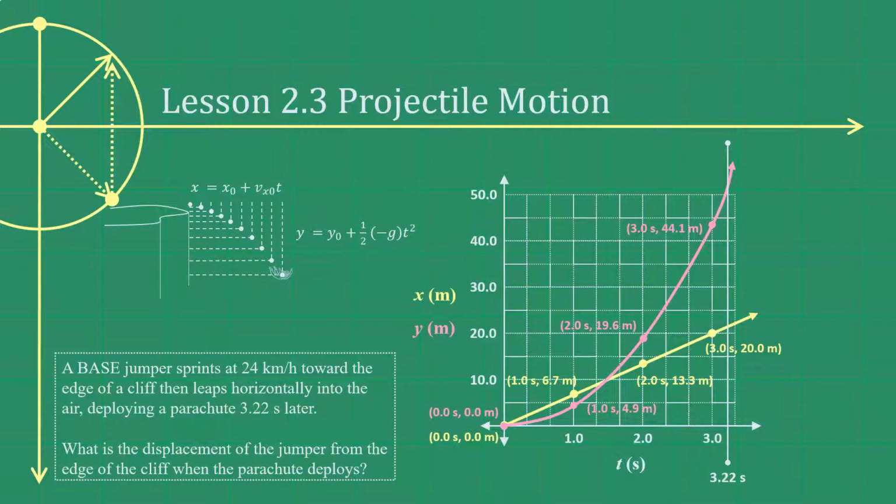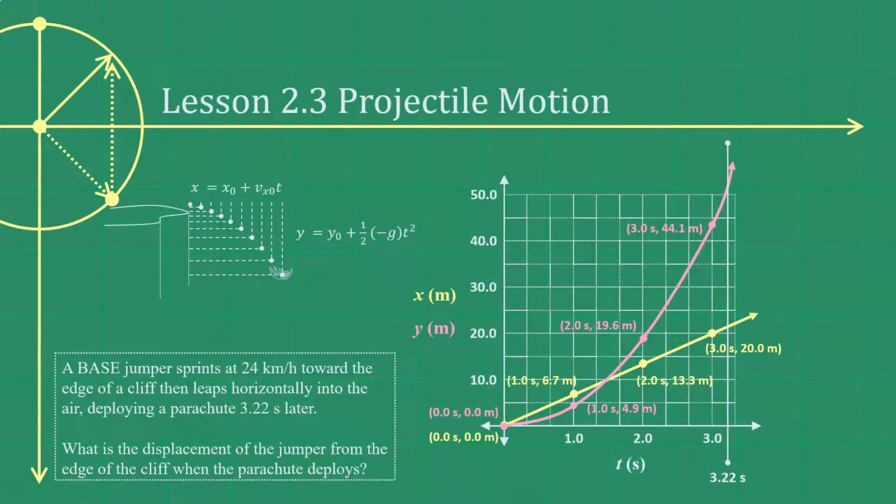All right, and what are we solving for in this problem? Well, we're looking at the motion at 3.22 seconds. So we're just asking ourselves on these two graphs, what is the position going to be when I analyze at 3.22 seconds? So I've got both of my functions, the equations already written out. Now I'm going to plug in 3.22 as my input time and see what I get as an output for my position.